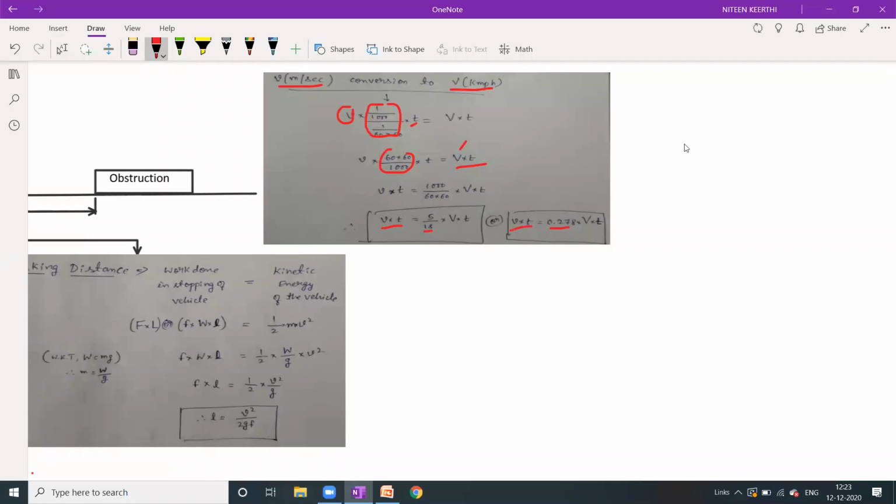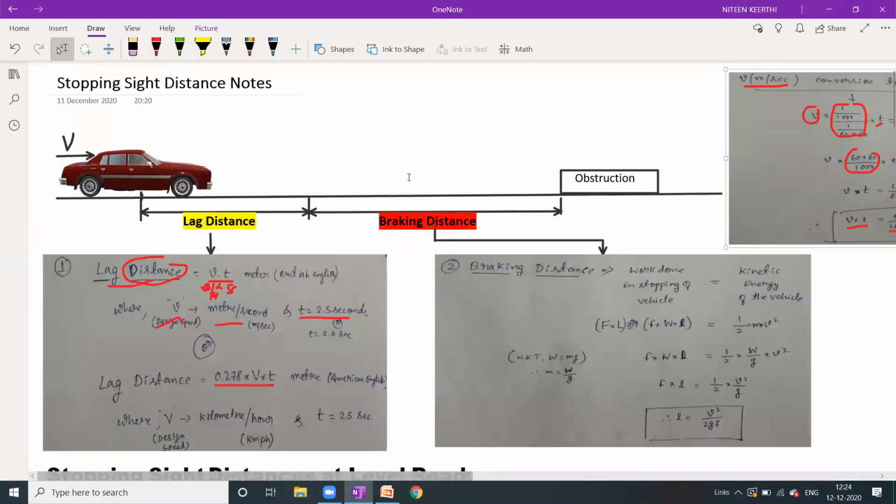Wherever small v into T is there, you can use 0.278 capital V into T. If he has given capital V itself, then it is well and good. If he has given small v, then you can use the simple v into T. Or if you want to convert capital V into small v and use it here, you can do that also.